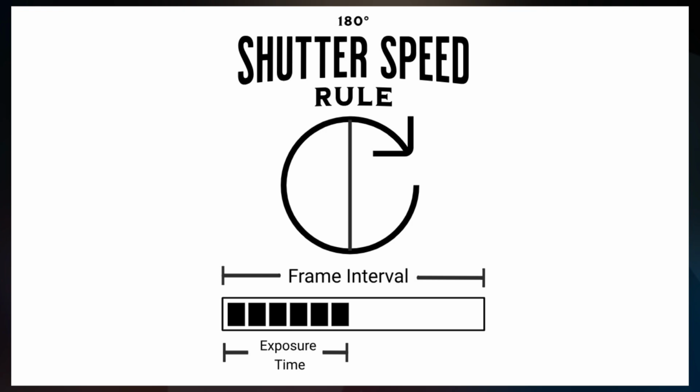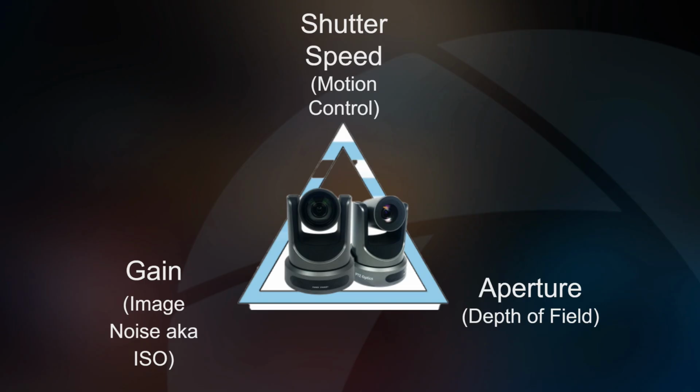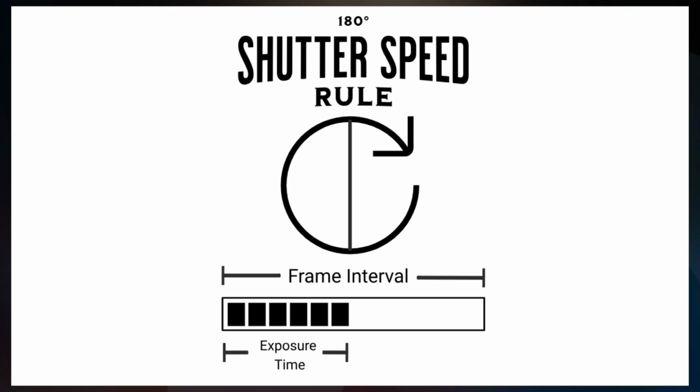And basically, the 180-degree shutter speed rule is very straightforward. It's very easy to use. What it means is you take your frame rate. Your frame rate might be 30 frames a second. It might be 60 frames a second. It might be 25 frames a second. And you double your shutter speed.